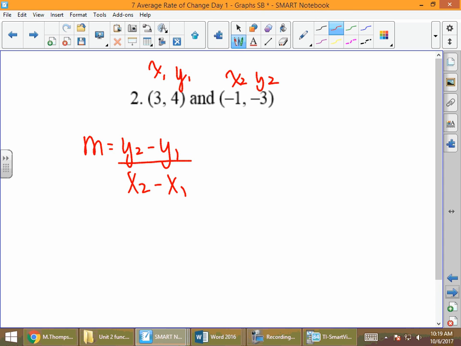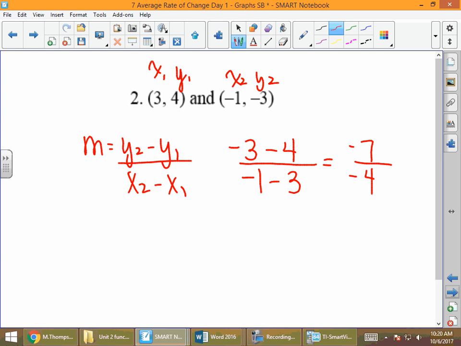I find that's a good way to help me remember the formula. I don't know if that's a good way for you. But it's going to be negative 3 minus 4 divided by negative 1 minus 3. Negative 3 minus 4 is negative 7, and negative 1 minus 3 is negative 4.